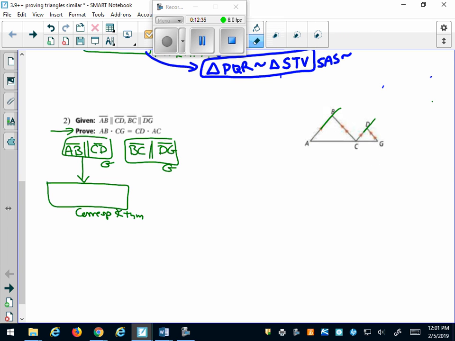Good. Very good. Angle A congruent to angle DCG. Now remember, it's okay to call it angle A because there's only one angle at the vertex A, but you can't call the other one angle C because there are too many angles that have C as a vertex in this diagram.